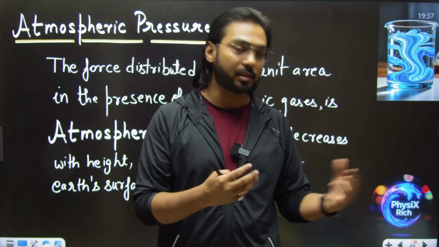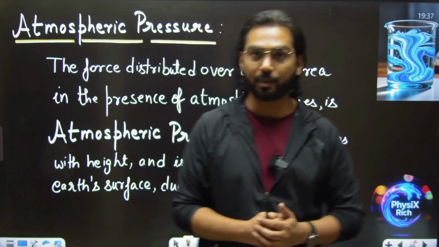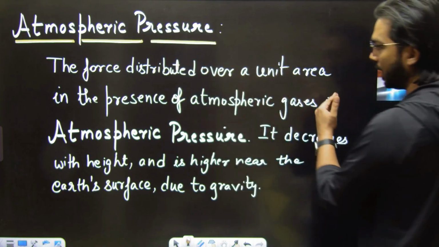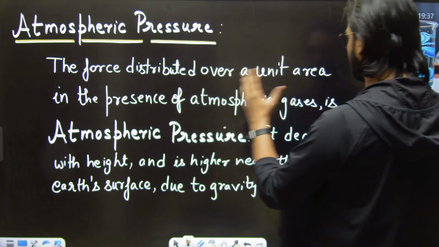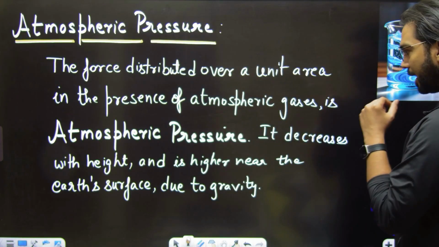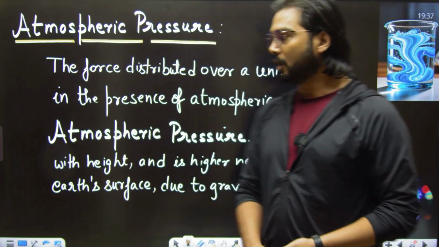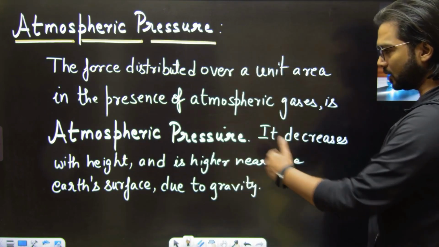Everything around us experiences atmospheric pressure. So what is atmospheric pressure? It's the force which is distributed over a unit area in the presence of atmospheric gases. Okay. And as you go higher and higher, you notice that it decreases with height.